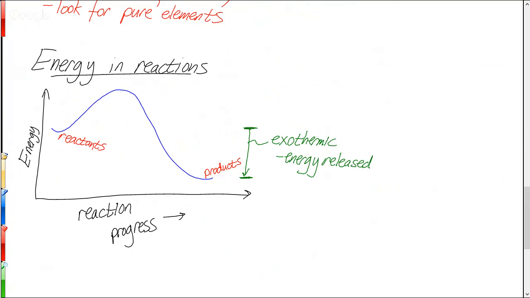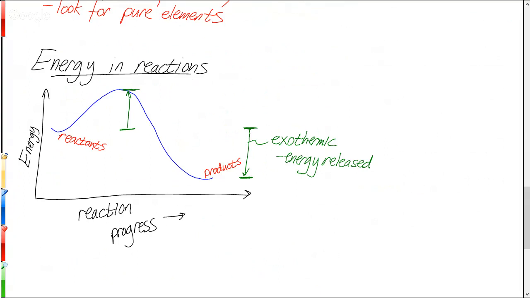The other thing we get from this diagram is this hump in the middle. This is telling us, if we track the energy level of this reaction, that as the reaction gets started, we actually have to put energy in order for the energy to be released.